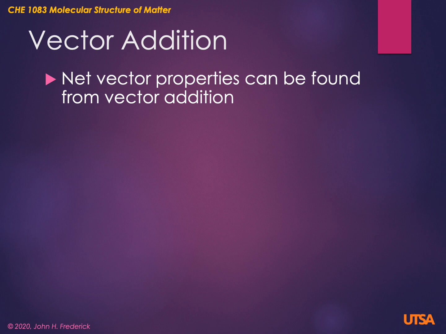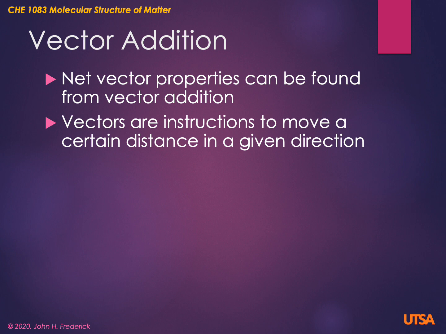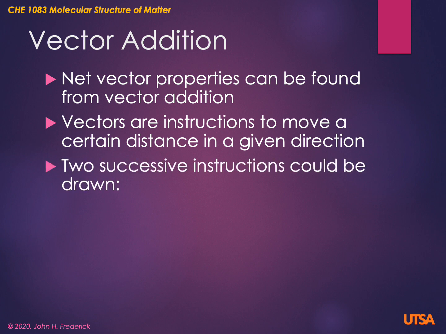These represent the net properties of a series of vector movements. We can think of vectors as instructions that tell us how to move from one point to a new point by going a certain distance in a given direction. So two successive instructions might be drawn as follows. I'm starting with a first instruction where it tells me to go toward the northeast direction by a certain length here.